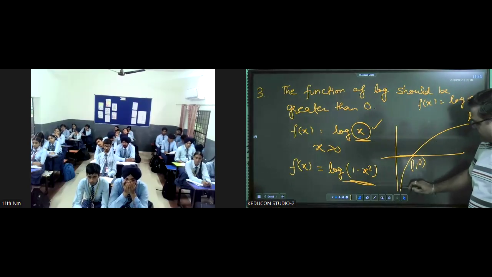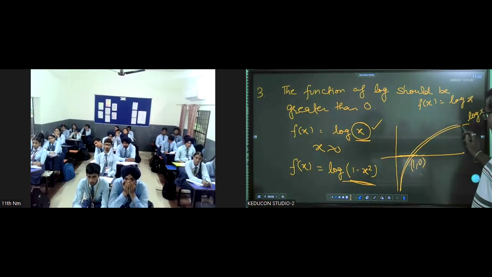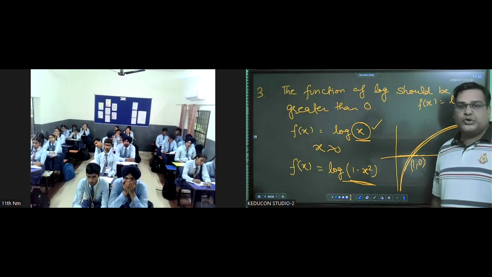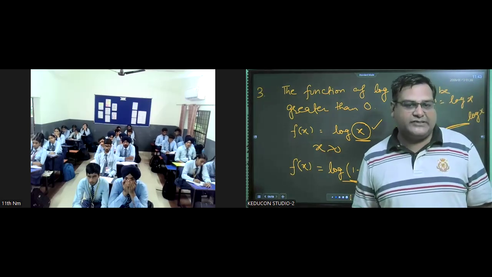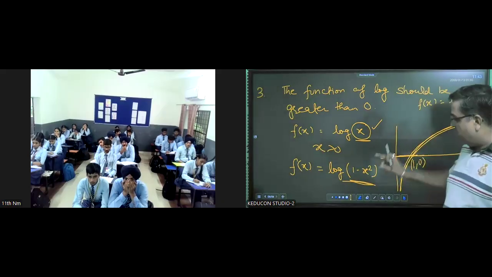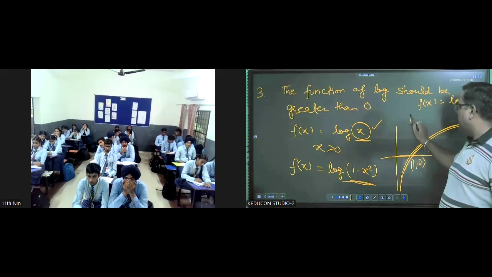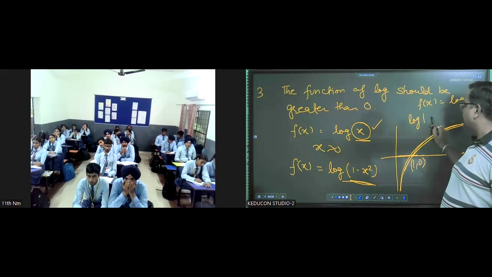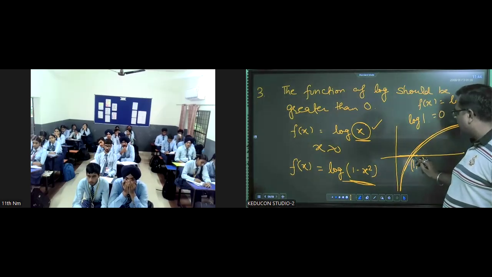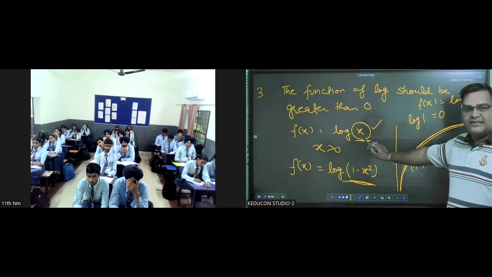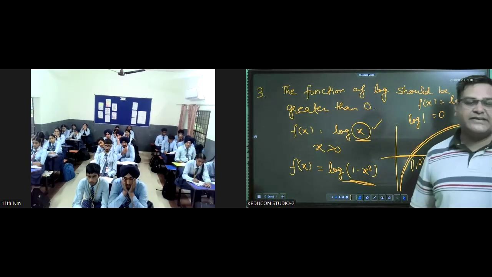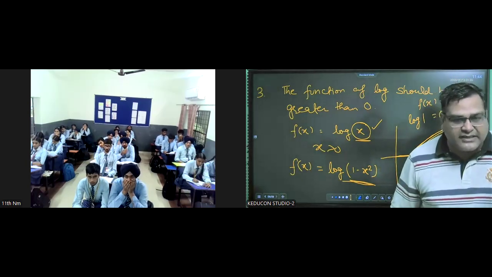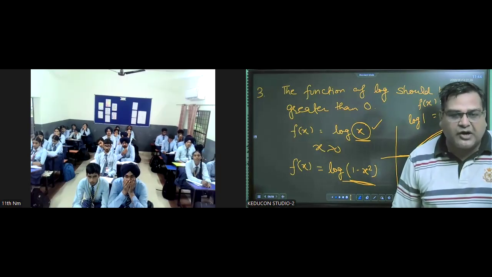This graph starts from here and goes like this. So what does this show? That the domain of the graph is always greater than 0. And the value of log 1 is 0. So when you put x as 1, f(x) becomes 0. What is f(x)? f(x) is y. This is clear, students? No doubt?